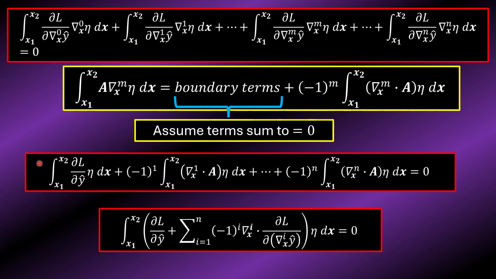So then if we substitute in everything, we don't substitute in anything for the first term, but we do for the second, third, all the way up to the nth term, well, technically the n plus 1th term. And that's because we can expand those 1 to n terms through the multivariable integration by parts. And if we write this as a summation, then we get this.